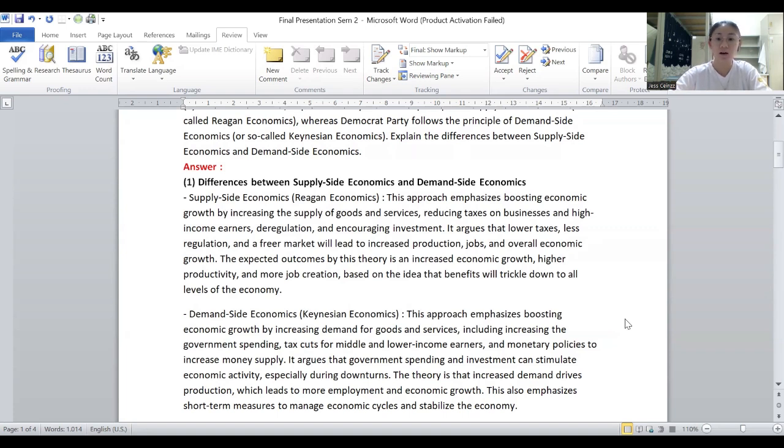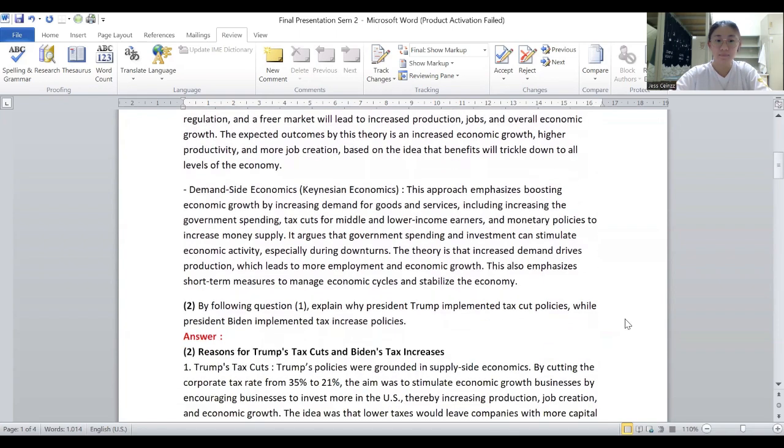It argues that government spending and investment can stimulate economic activity, especially during downturns. The theory is that increased demand will drive production, which can lead to more employment and economic growth. This also emphasizes short-term measures to manage economic cycles and stabilize the economy.